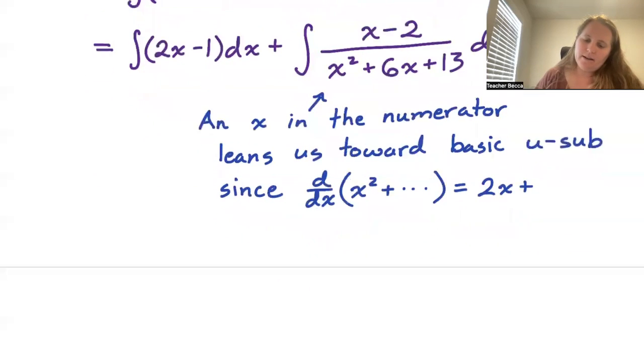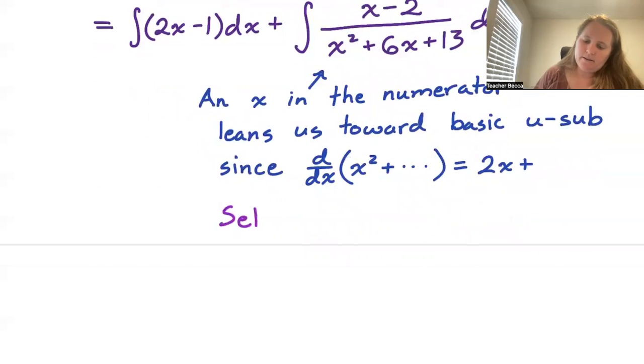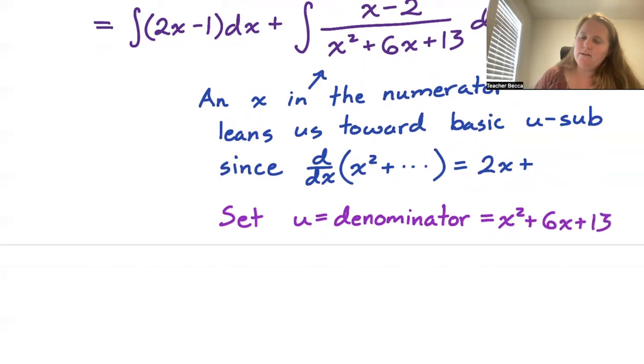If we set u to be the denominator, x squared plus 6x plus 13, then our du is 2x dx.